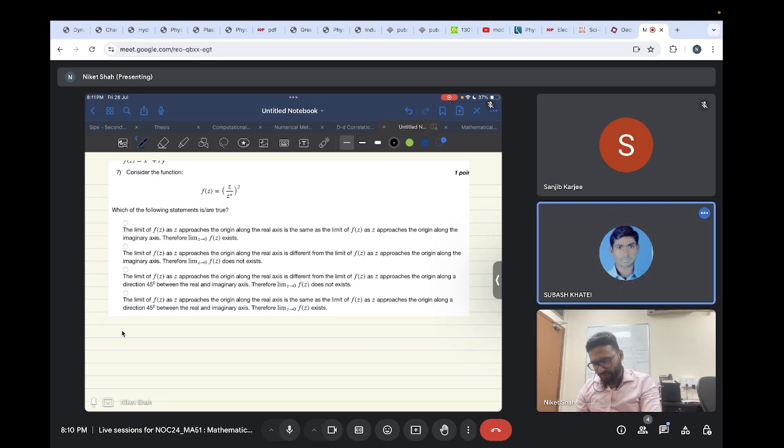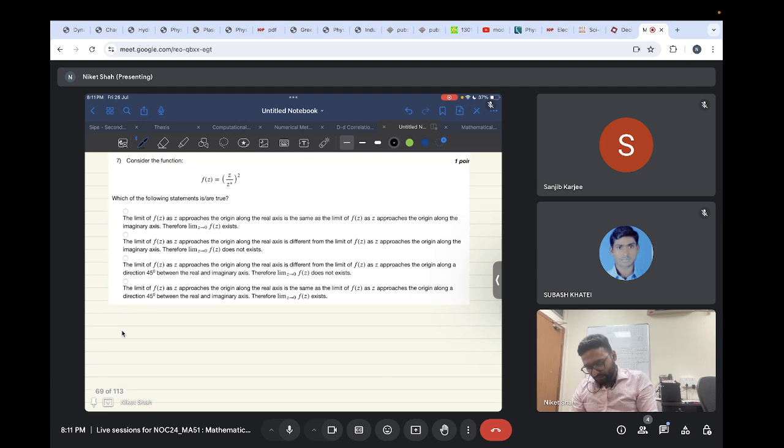All right, so let's try and check the first statement first. I'm saying the limit of f of z as z tends to 0, but along the x direction. So my z is simply x plus i0 and x is tending to 0.